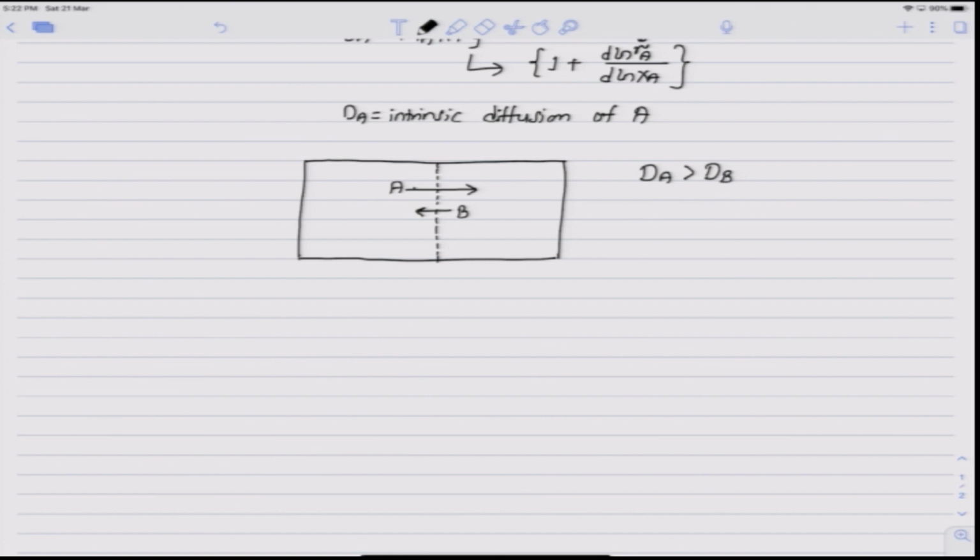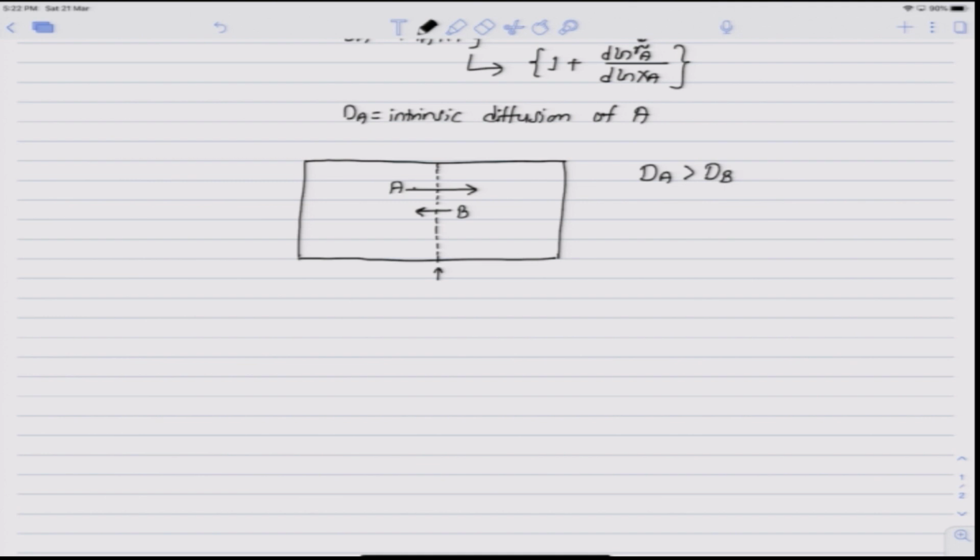Because of this, there will be a net mass transfer across this initial contact plane. Hence it will look like the left portion of the alloy has shrunk, whereas the right portion of the alloy has expanded.